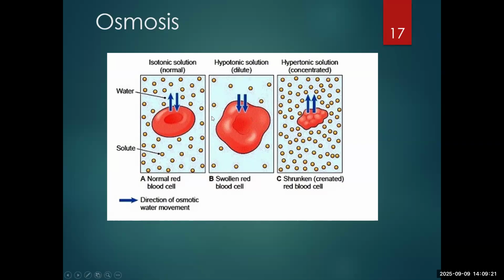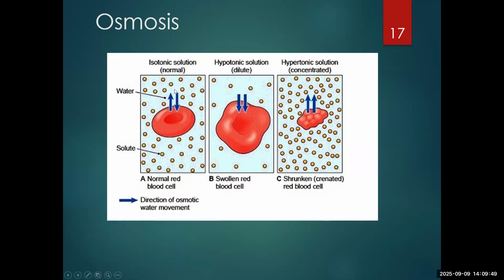Eventually, it'll get bigger, and if enough water comes in, it will burst. This is the situation that I drew up here. If you put in a highly concentrated solution around that cell, the solutes will suck the water out and the cell will shrivel.